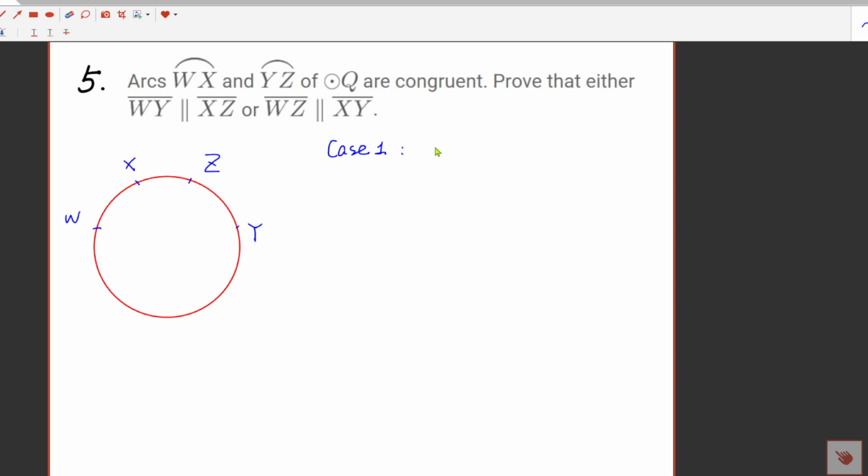So let's say case 1, the arcs do not overlap. So let's connect these points.